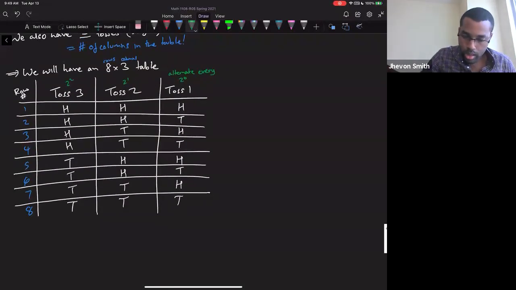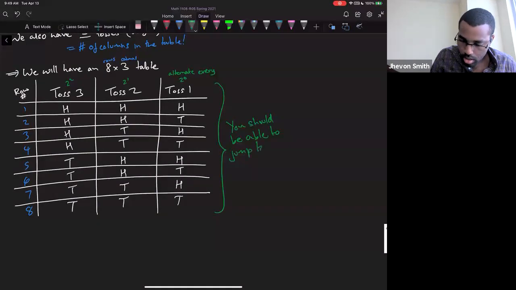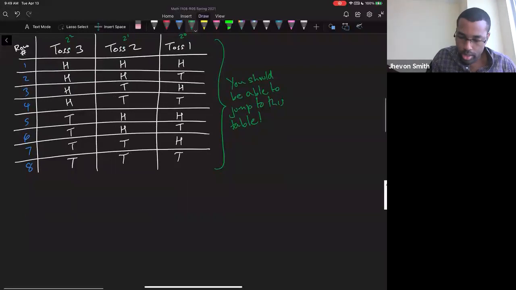So here, you should be able to just jump to this table. But there's always someone not paying attention, so I just went over how you would even think about constructing the table.